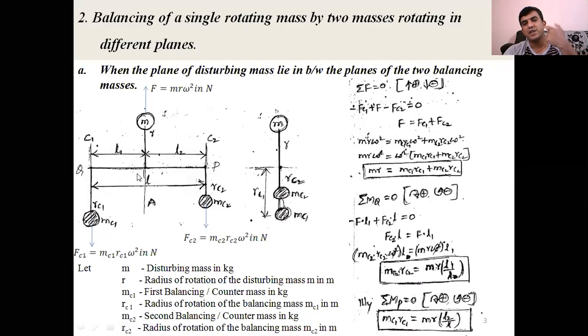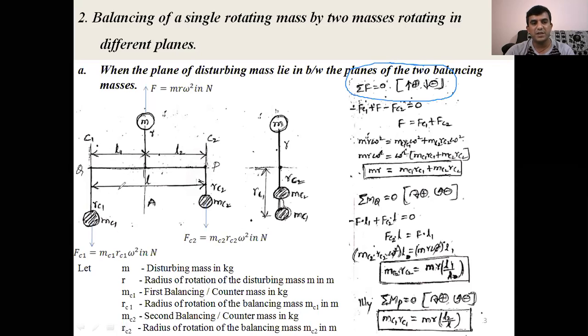Then second, the vector sum of all the couples or moments about any arbitrary point equals 0. First we go for the vector sum of all the centrifugal forces, or all the forces acting on the body, equal to 0. Upward forces are positive, downward forces are negative.